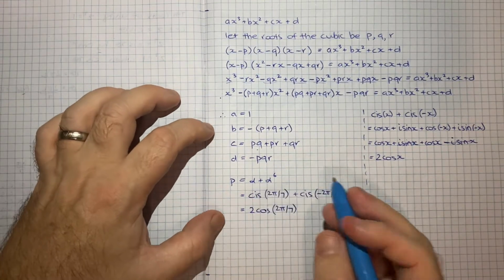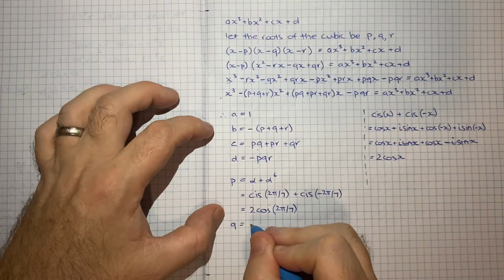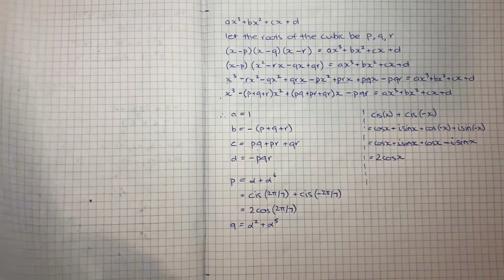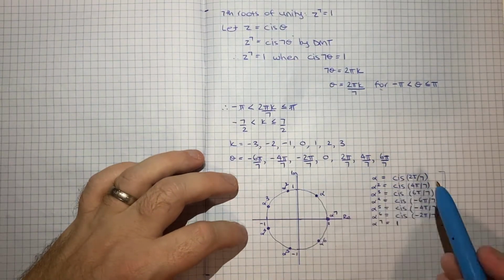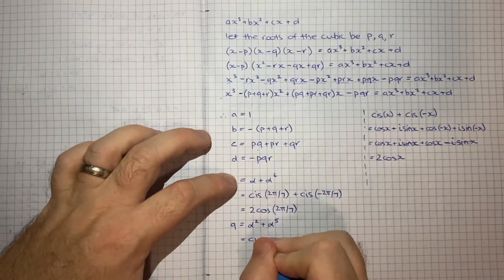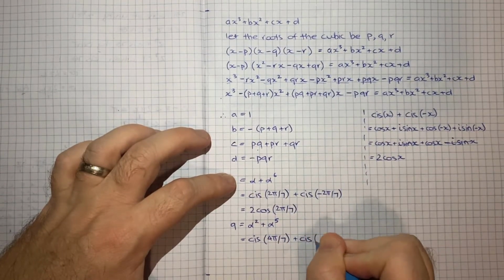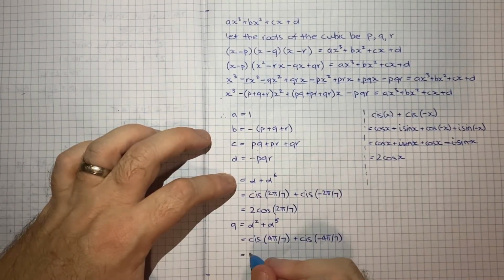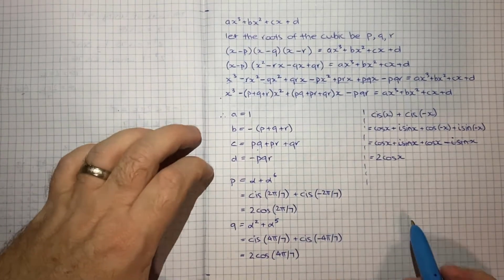So that means q will be equal to, well, we're told it's equal to alpha squared plus alpha to the 5, which, coming back to what I worked out earlier, is another set of complex conjugates. Alpha squared is cis 4 pi on 7, so that's going to be cis 4 pi on 7 plus cis negative 4 pi on 7. And again, using this result, that's going to be 2 cos 4 pi on 7. That's q.